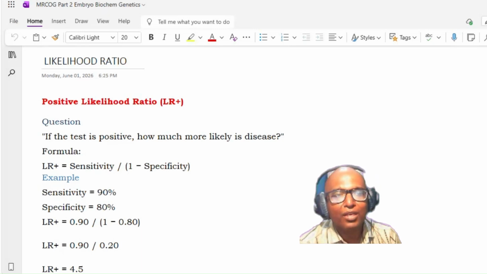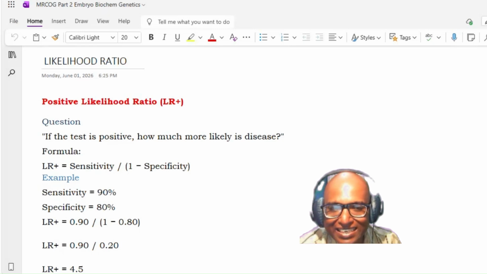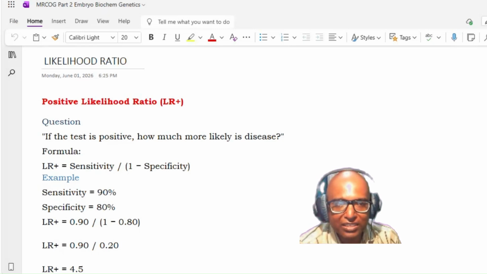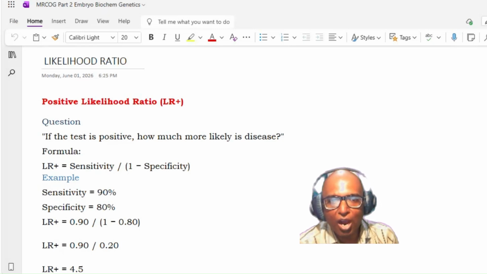If the test is positive, how much more likely is the disease? That is what the positive likelihood ratio tells us. And the formula for the likelihood ratio positive is sensitivity upon 1 minus specificity.